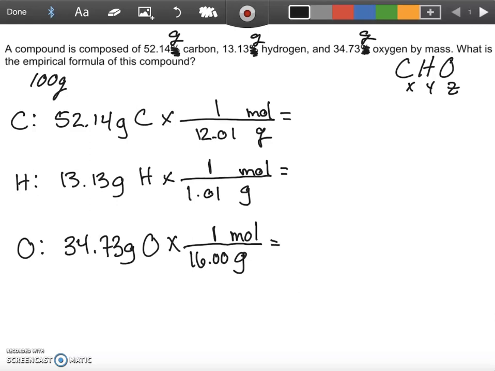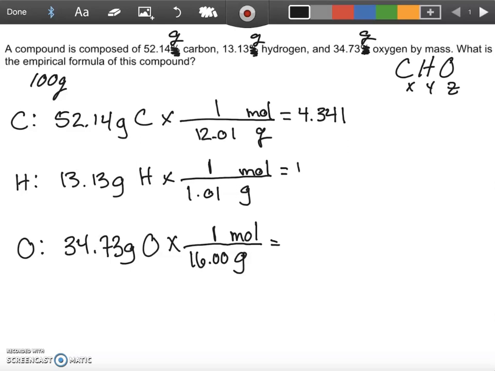Alright, let's figure out how many moles are in each one of those now. 52.14 divided by 12.01, 4.341. 13.13 divided by 1.01, that's going to be 13, I think.